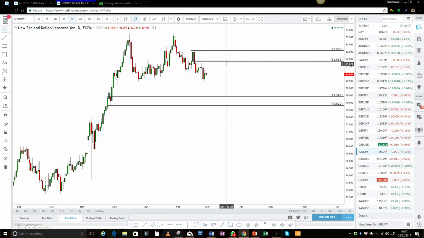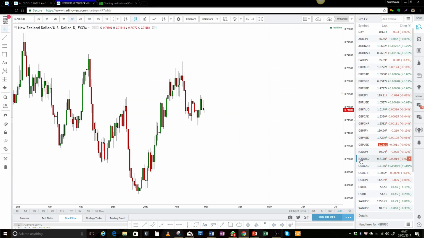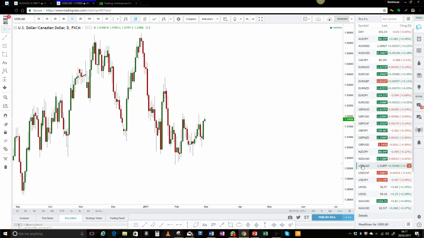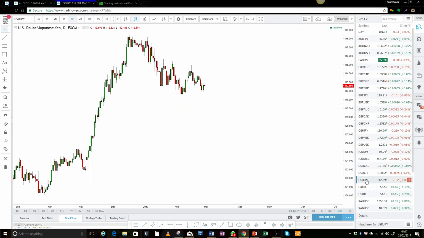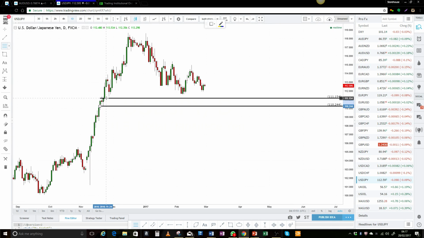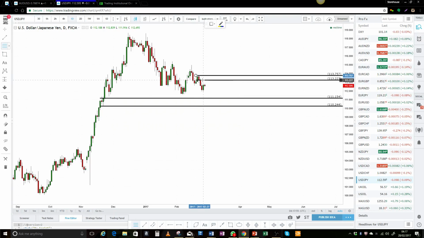So this is what you've got for the New Zealand Japanese yen. Second look at the New Zealand dollar, nothing. USD CAD, nothing. USD Swiss, nothing. Okay, so for Japanese yen, we have that one below us, and we have this one above us. So we'll see how that plays out.